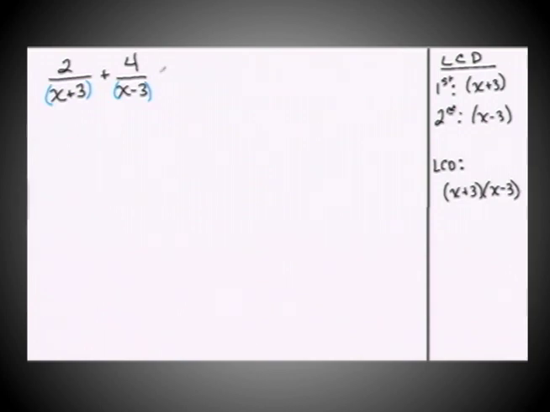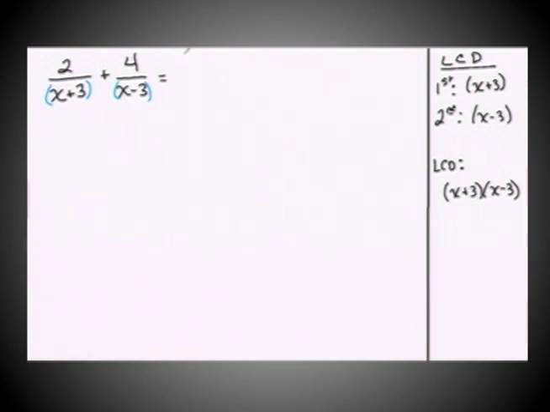All right, so we want to find equivalent expressions with the LCD as the denominator, and we do that by multiplying by 1 in that clever form. And the form that we're looking for is whatever factor we need to multiply by to create the LCD. So for this first expression, we already have a factor of x plus 3, so we need a factor of x minus 3.